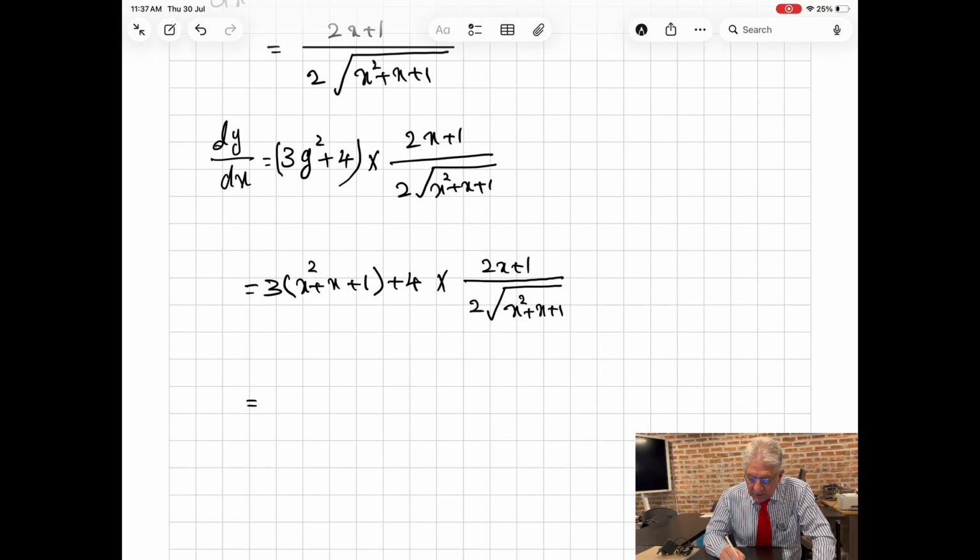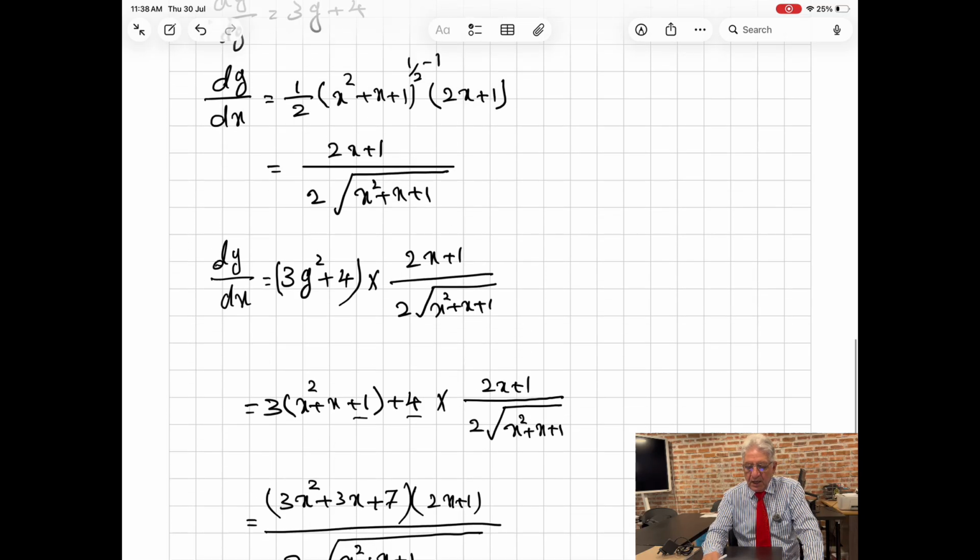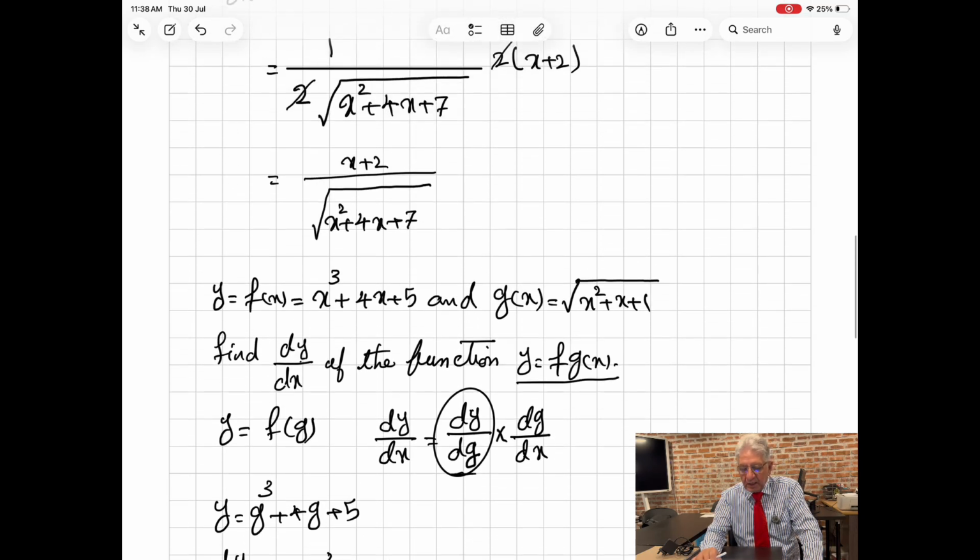If you simplify this, you get 3x squared plus 3x plus 3 plus 4, which is totally 7, times (2x plus 1) divided by 2 square root of x squared plus x plus 1. So we could differentiate f of g of x.